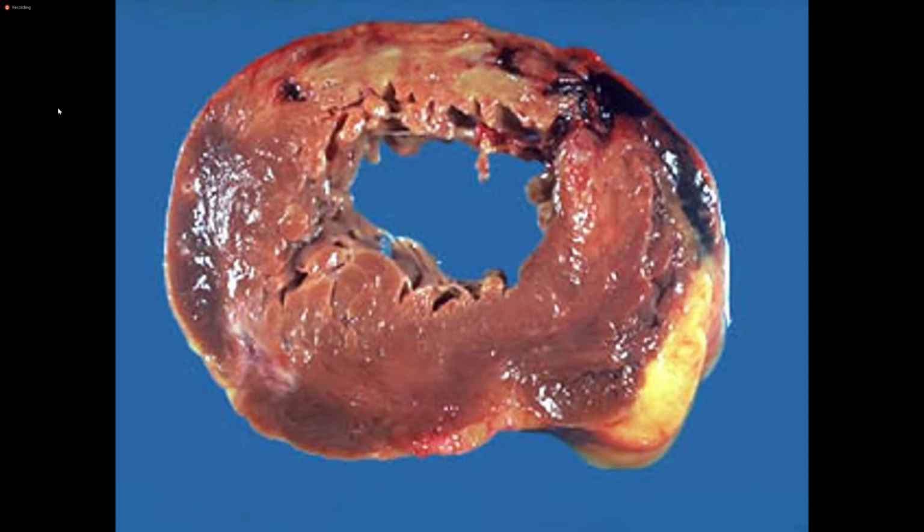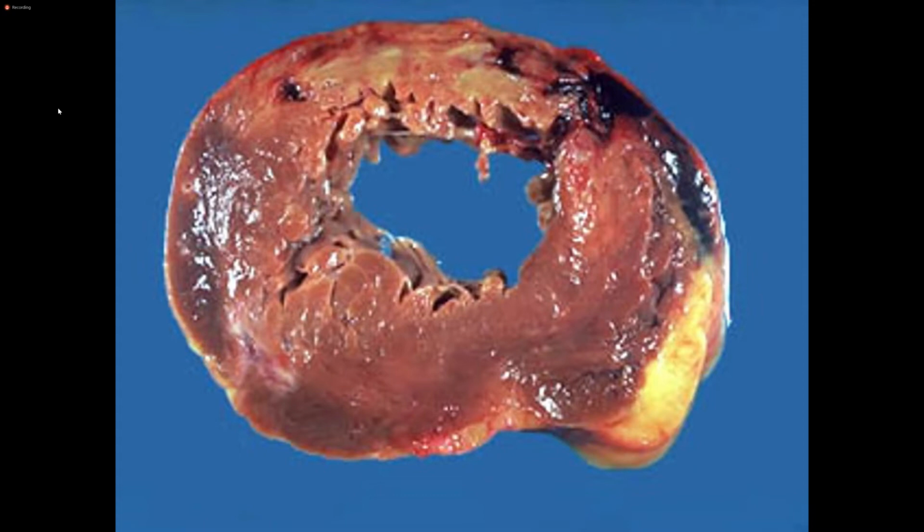The second is sudden death. Third, and this happens in about 20-25% of cases, similarly, cardiogenic shock in about 15 to 20% of cases. Cardiogenic shock occurs if the ischemic area involves more than 40% of the heart muscle.